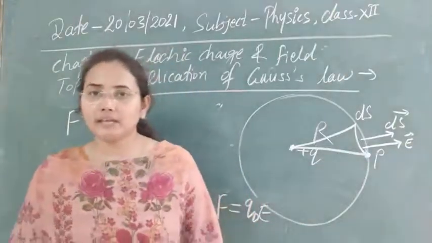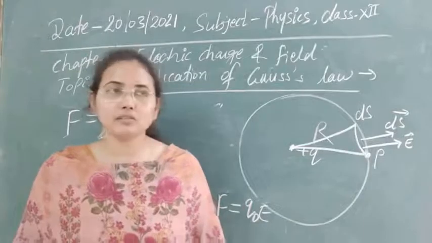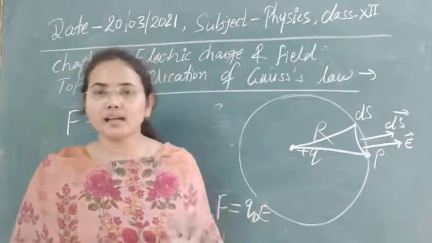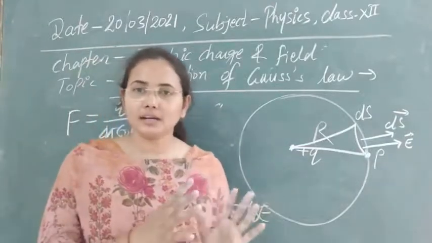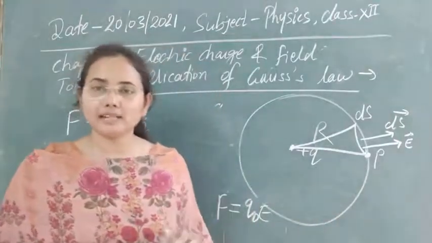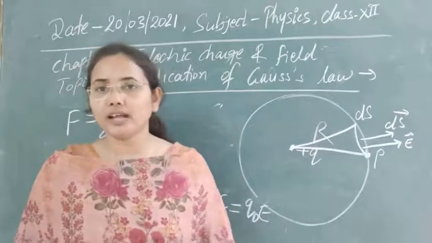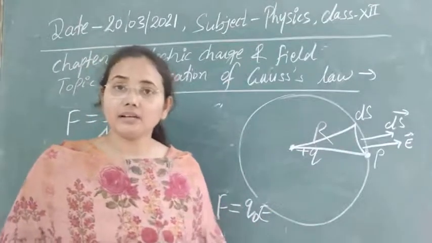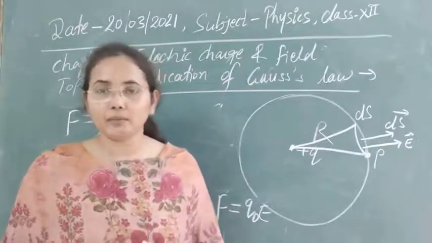After that, I will explain some of the numerical problems, because we have discussed numerical problems on charge and field, and also on dipole factors like the axial point and equatorial point. We have calculated the electric field by using numerical problems also.